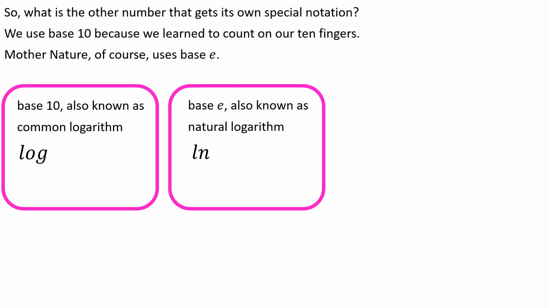So instead of log base e, we'll put ln. We don't even write out the whole word log. The L lets you know it's a logarithm. The N lets you know it's the natural log. It's base e. So instead of log base 10, we just write log. Instead of log base e, we write ln.